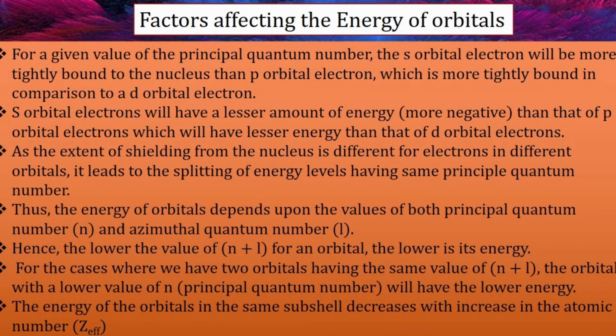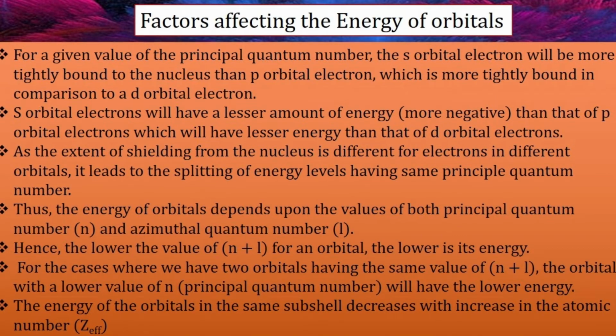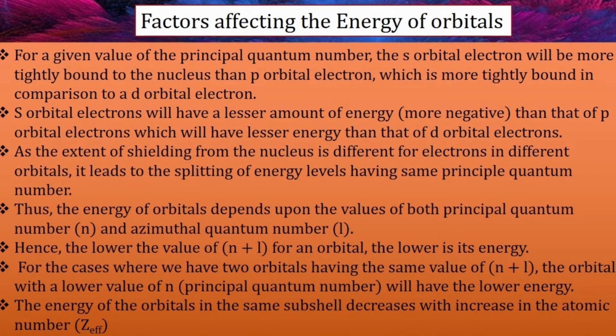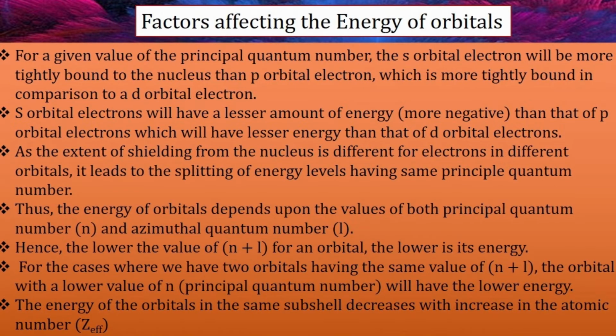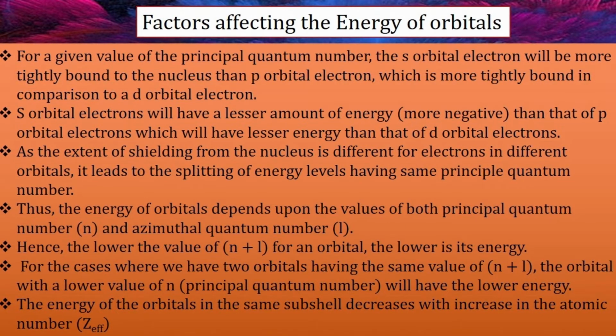The effective nuclear charge experienced by the orbital decreases with increase of the azimuthal quantum number. This means the s orbitals will be more tightly bound to the nucleus than p orbitals, while p orbitals will be more tightly bound to the nucleus than d orbitals, and so on.